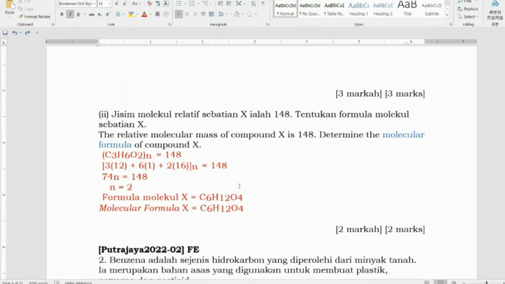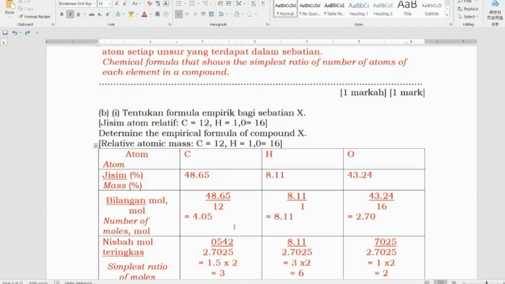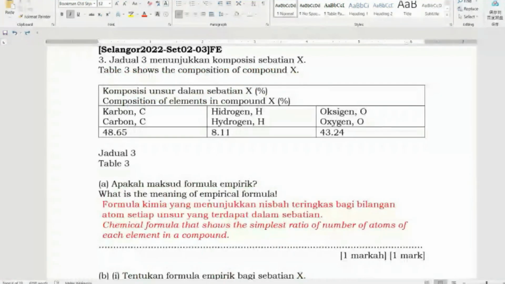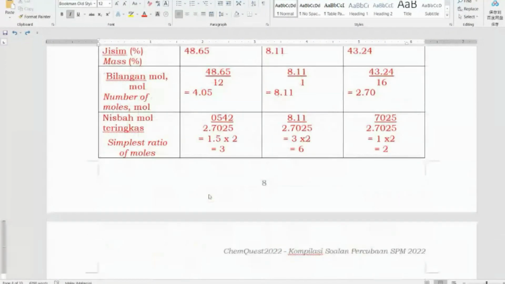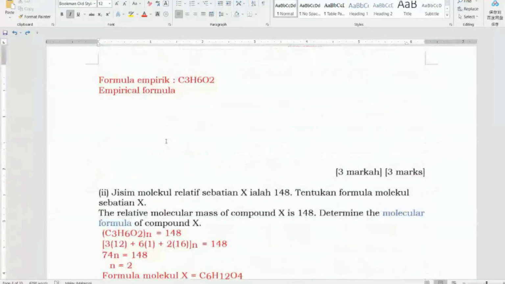Okay, class, this question is quite popular also. If exam comes out, you should be able to calculate it correctly, huh?